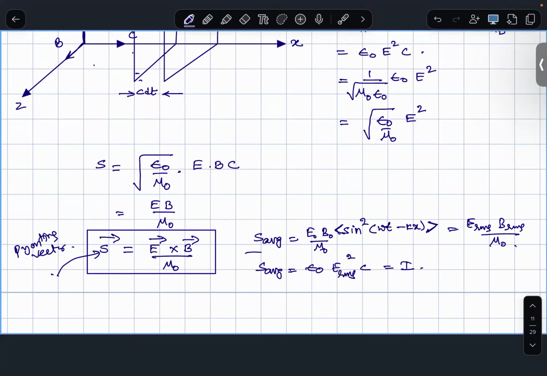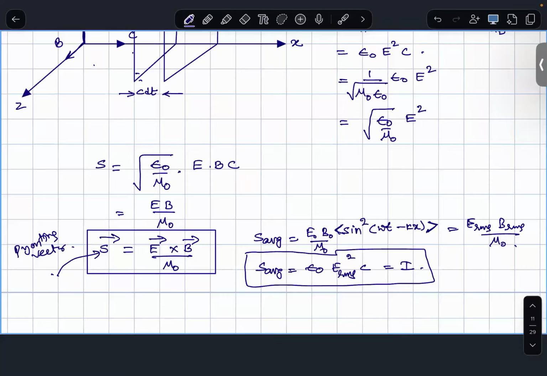So therefore, the average value of Poynting vector is nothing but the intensity at that place. What is the objective of Poynting vector? That gives you the direction of propagation of light at that point. S bar's main intention is to give you the direction of propagation of wave at that point. Any doubts? So these are some important points that one needs to know. That's all.